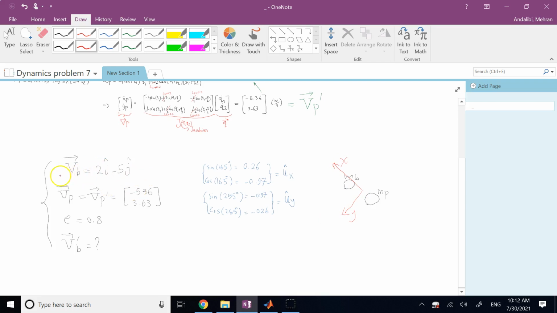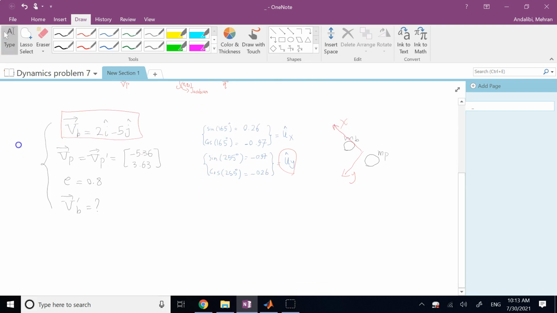So what I need is to project this guy along the Y. See what component I will get, and that component is not going to change. So what is it going to be? Well, how do I project a velocity along a unit vector? You know, we use dot product.